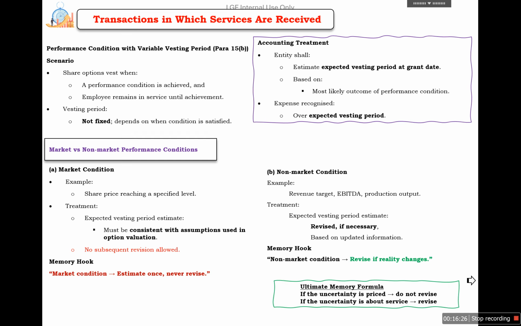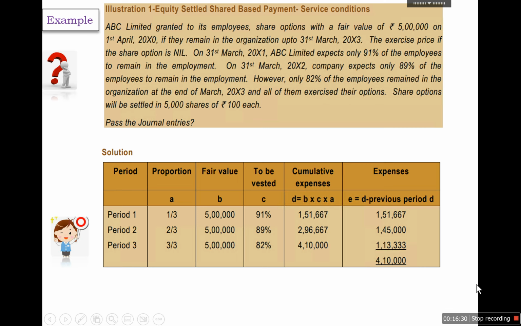So let's take a few examples. ABC Limited granted to its employees share options with a fair value of 5 lakhs on April X0 if they remain in the organization up to X3. The exercise price of the share option is nil.